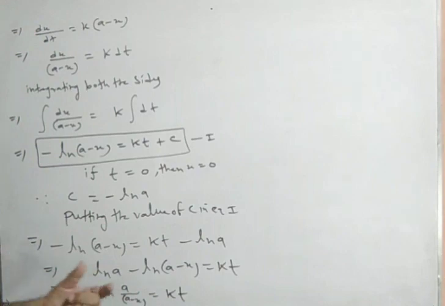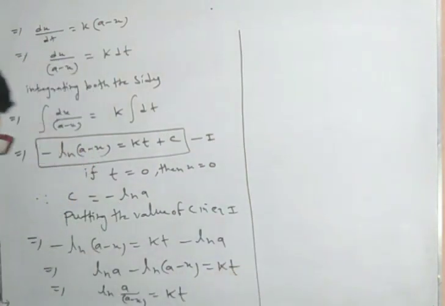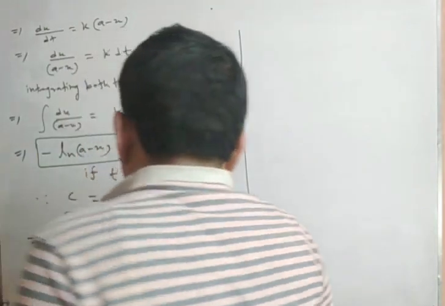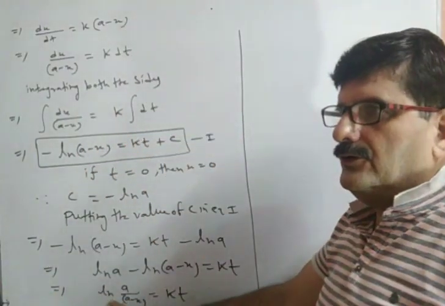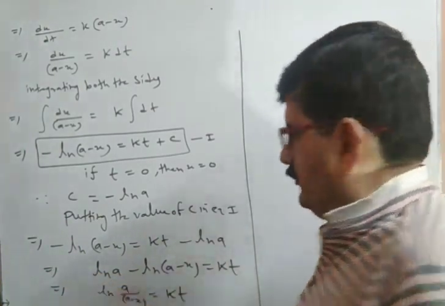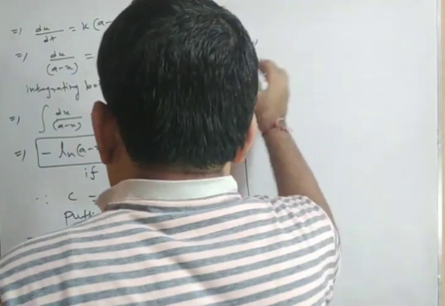According to the concept of mathematics, log a minus log b is equal to what? Log a by b. This is base e. If base e is converted into base 10, then multiplied by what? 2.303.